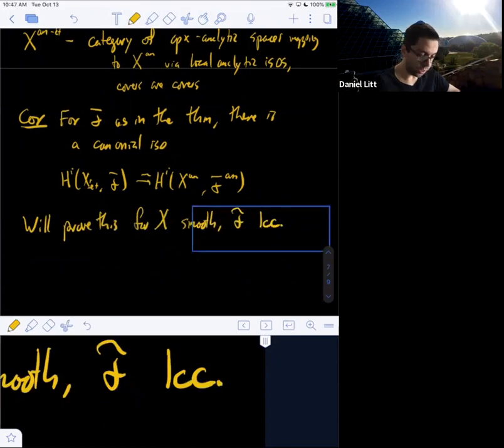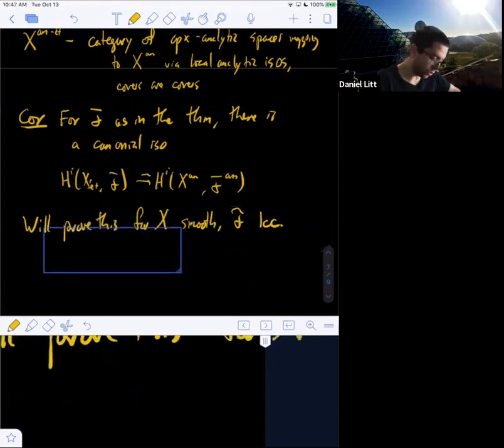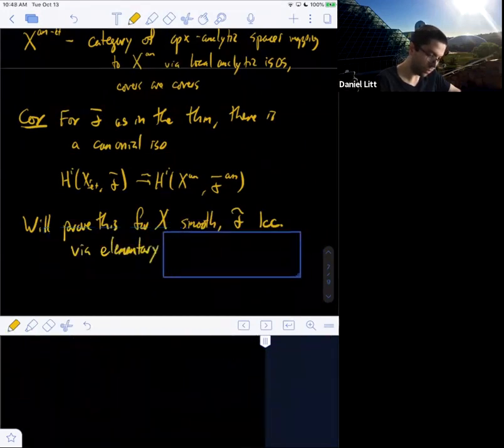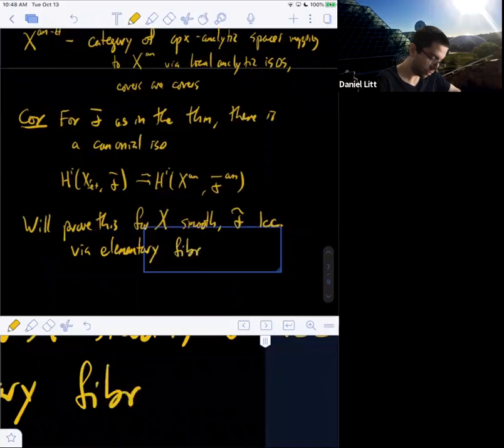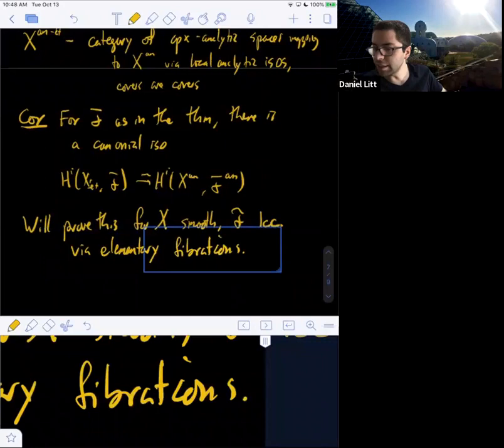And that will use the theory of elementary fibrations. All right, and I think it is probably best for me to not try to dive into the proof today.